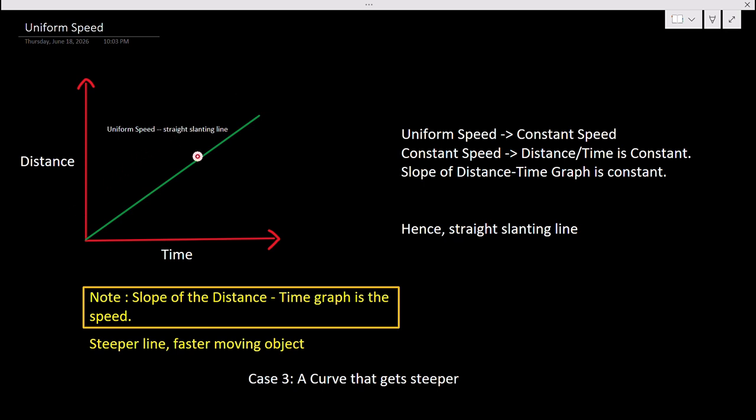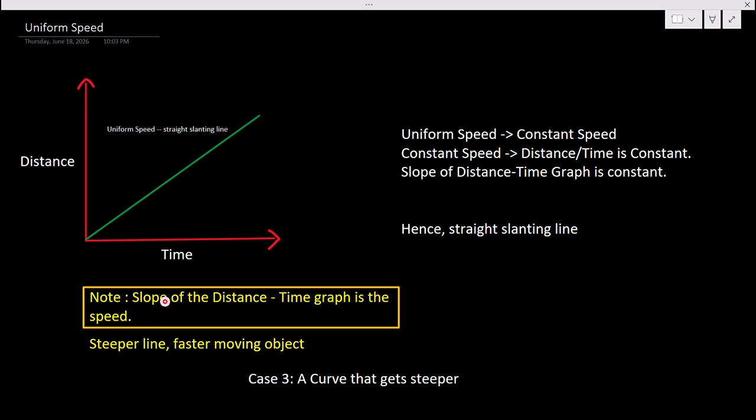So the slope has to be constant and it has to cover some distance. This is a point to be noted: the slope of the distance-time graph is the speed. And what you learn from this topic is that the slope of a graph is y by x. It will help you in future graphs and upcoming topics.